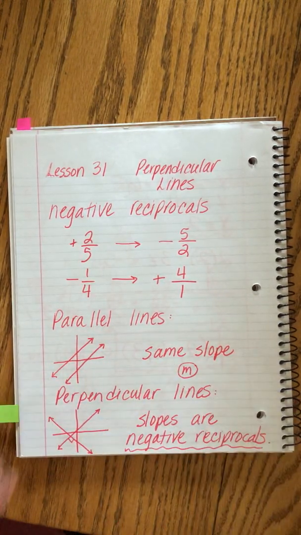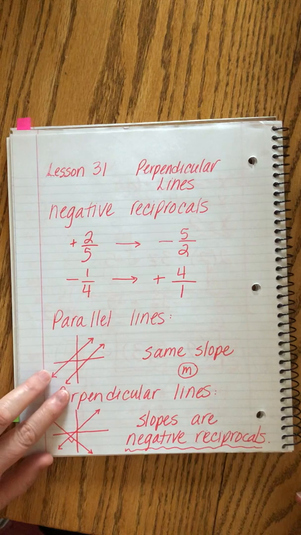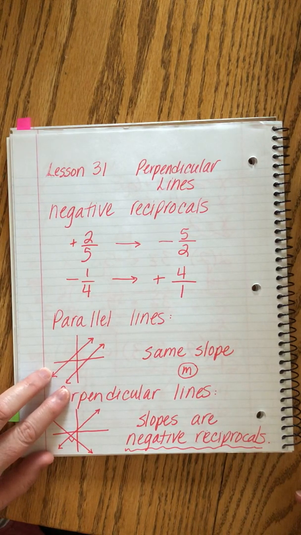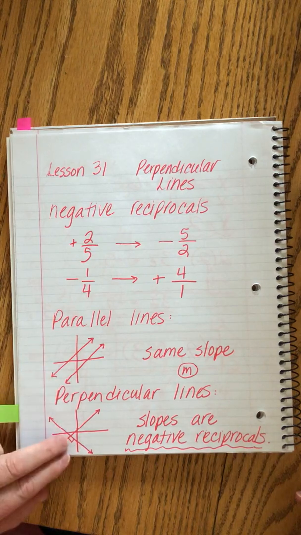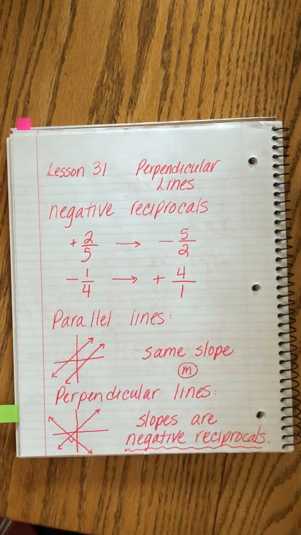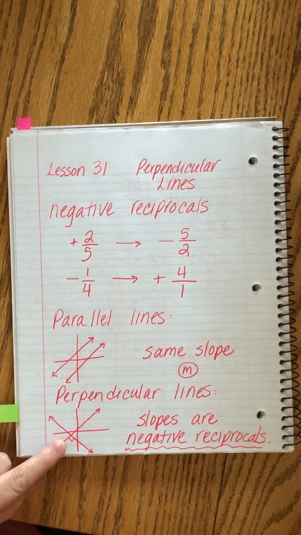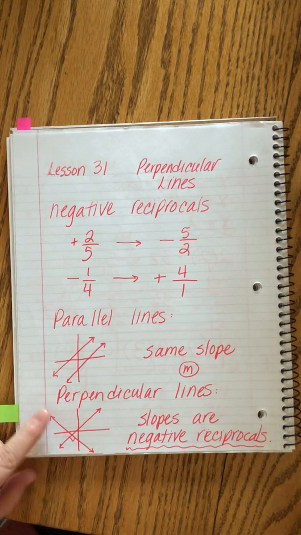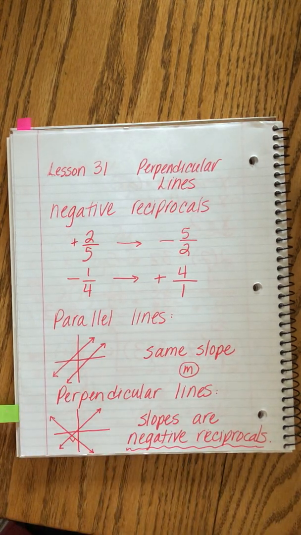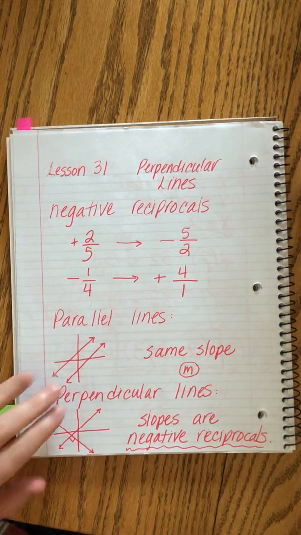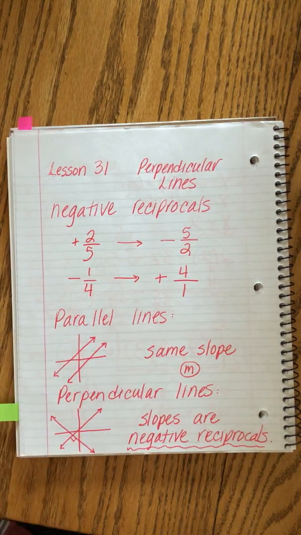Parallel lines have the very same slope. If you look at the picture, that should jumpstart your memory, because it would make sense that these guys have the exact same slope. These do not look like they have the same slope. It makes sense to say their slopes must be opposites in some way. So we'll work on keeping these two straight.